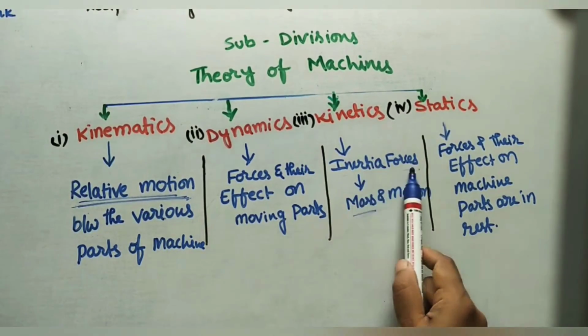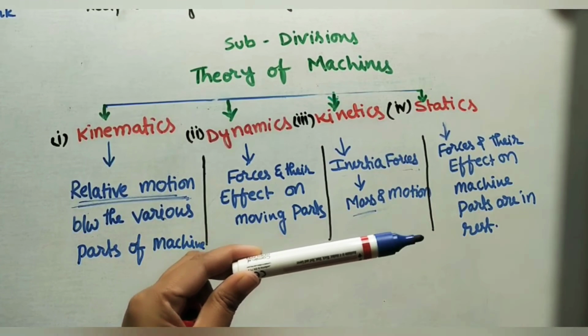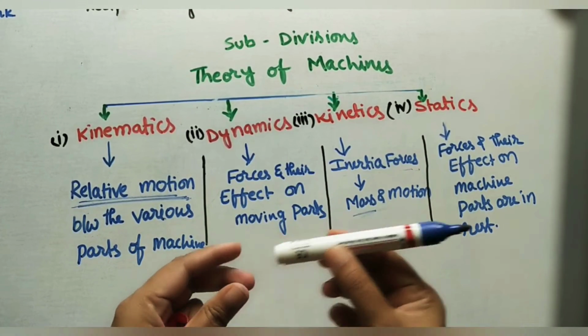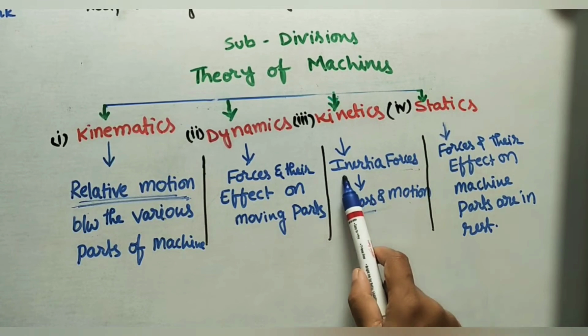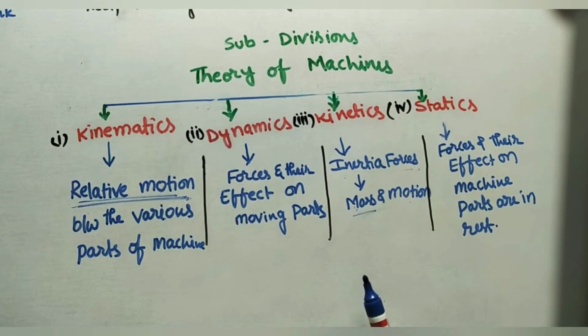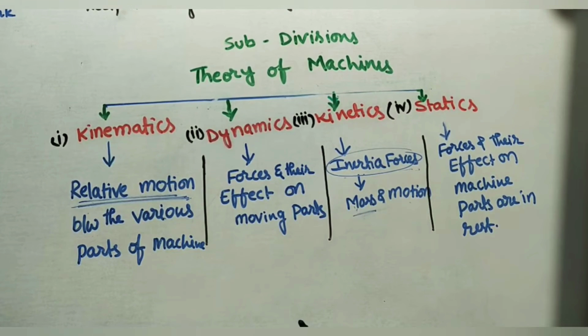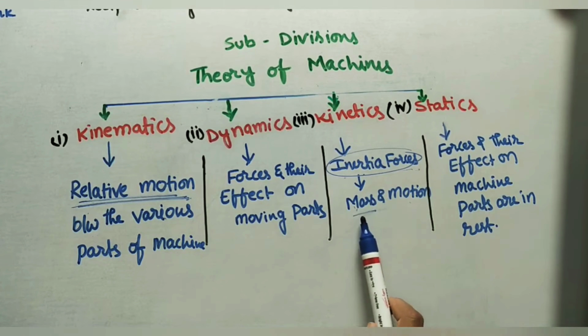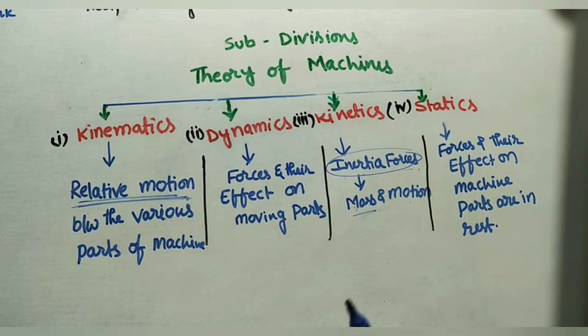The inertia force considers the mass of this element as well as its motion, how much velocity it is moving with. Both mass and motion effects give the inertia force. So kinetics studies the inertia forces. Always remember for competitive exams also, inertia forces occur because of the combined effect of mass and motion of the part of a machine.